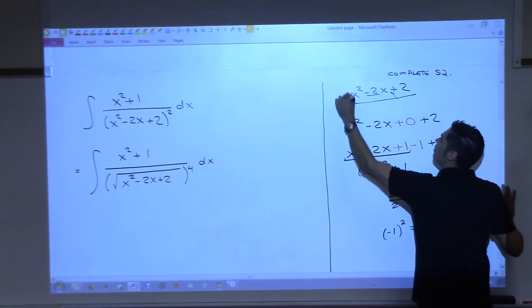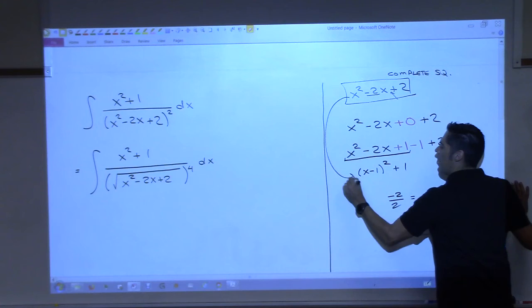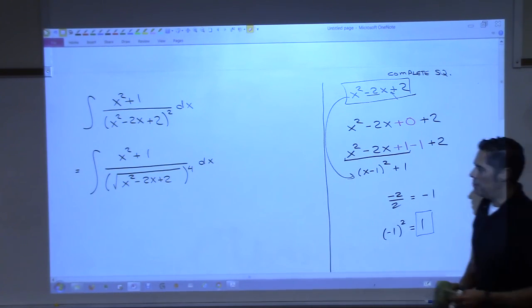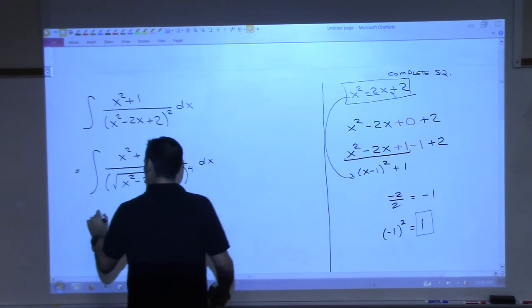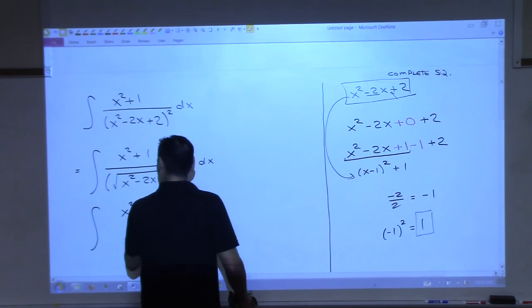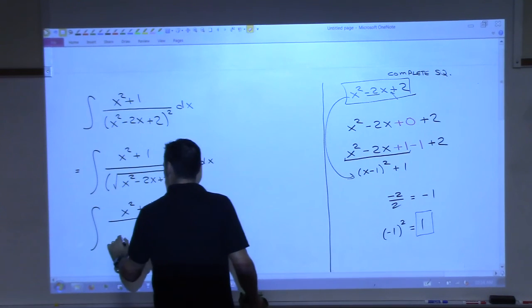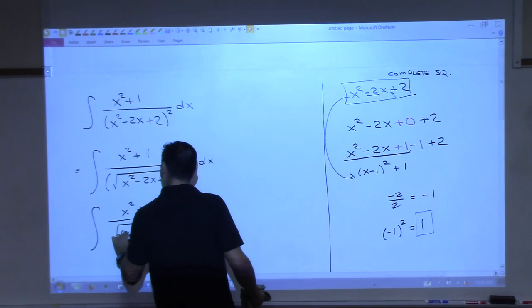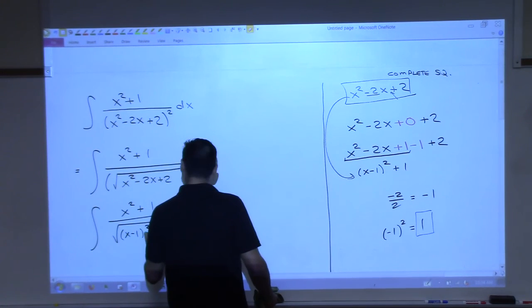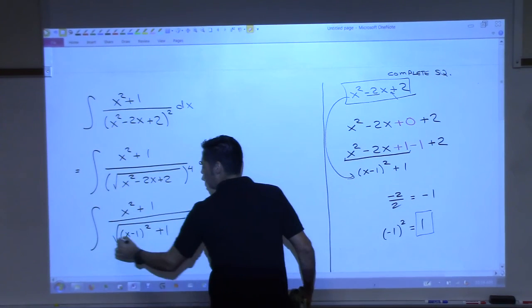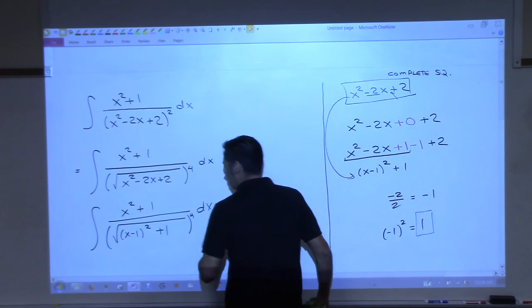So this is really that. So let's go back over here. Integral, x squared plus 1 over the square root of x minus 1 squared plus 1, and then dx. Oh, I forgot the 4th power. Oh, there we go.